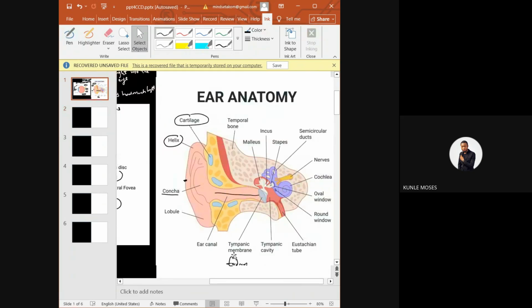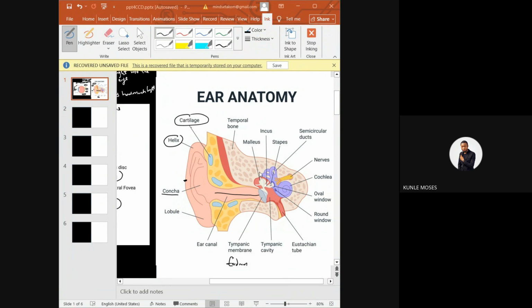This tympanic cavity is just another space in the ear where the little bones are located.